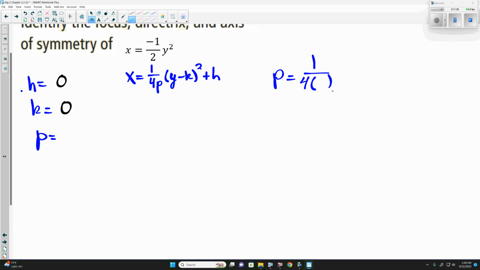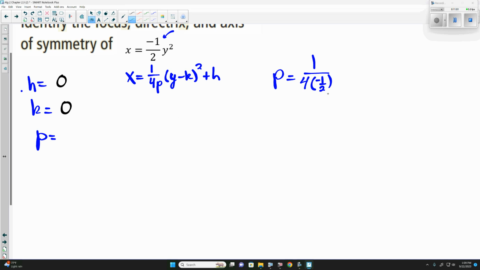Because I know neither one of y'all were here yesterday, but it was shown to me a new way to find the value of p. It works out that p is equal to 1 over 4 times whatever the number is in front of the variable squared. So since that value is negative 1/2, we can plug it in here and it will give us the value of p.